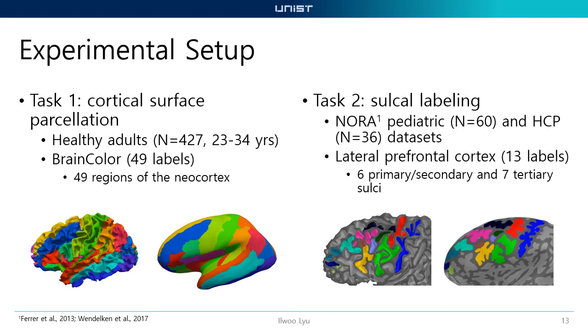In this task, we use certain labels: six primary sulci and seven tertiary sulci. In this approach, we also use a context training, meaning we label the primary sulci first, and we use that information to give more information to the tertiary sulcal labeling.